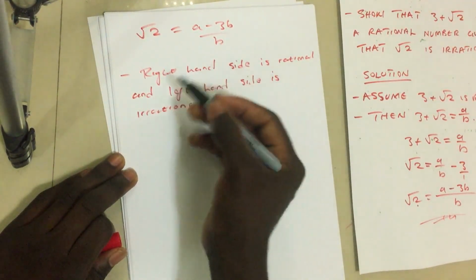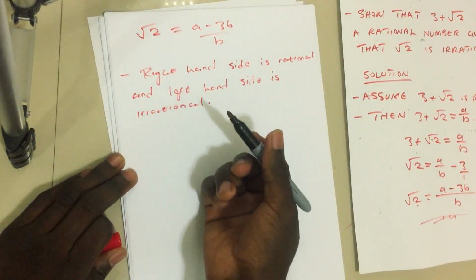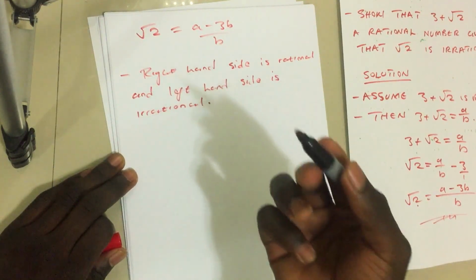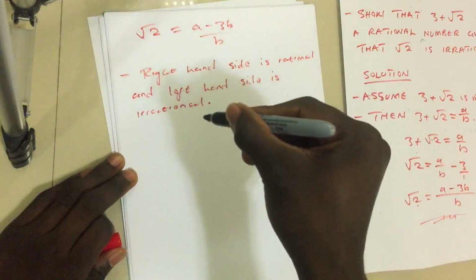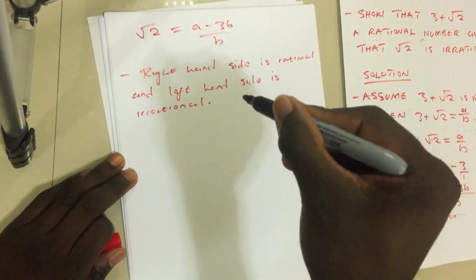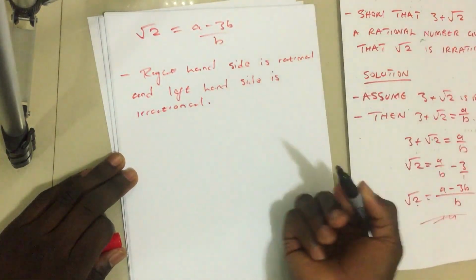Okay, so this simply tells us that there's a contradiction here, because there's no number that can be both irrational and rational.